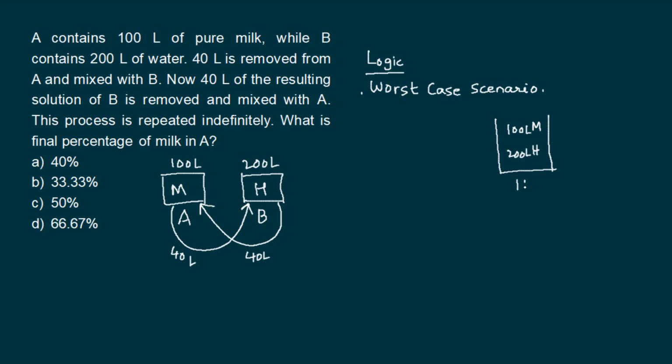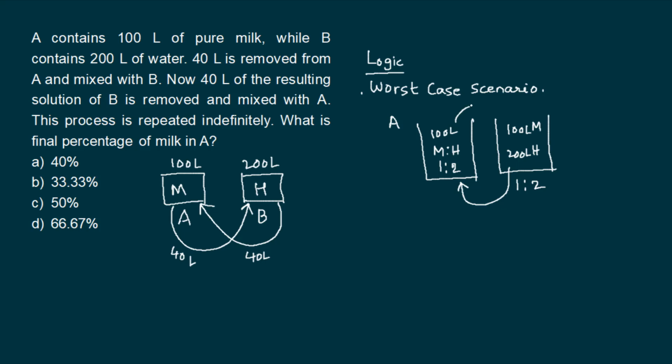That means milk and water would be in the ratio of 1:2. Now, if I transfer 100 liters of the mixture from here into this empty jar A, I'll have 100 liters of mixture and here milk and water would be in the ratio of 1:2 again.